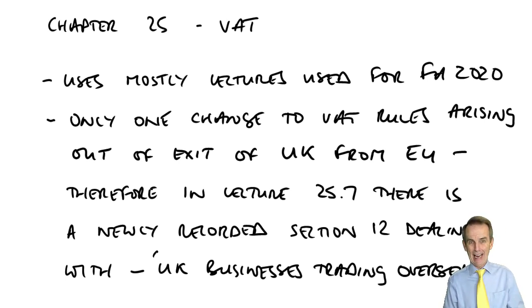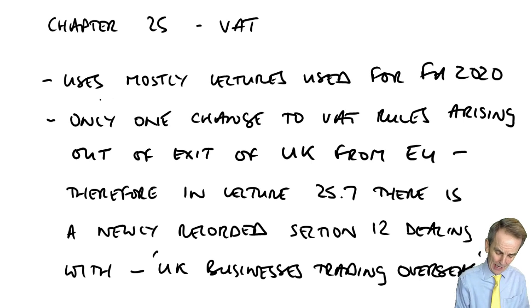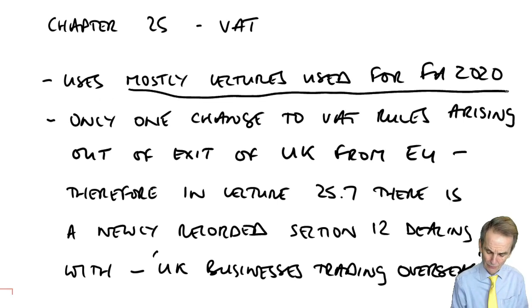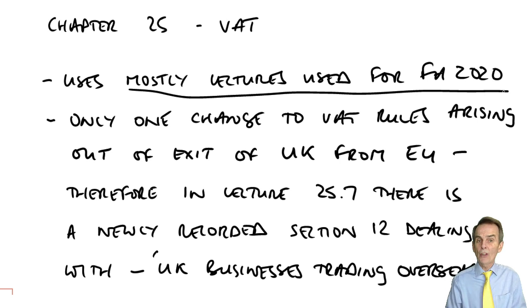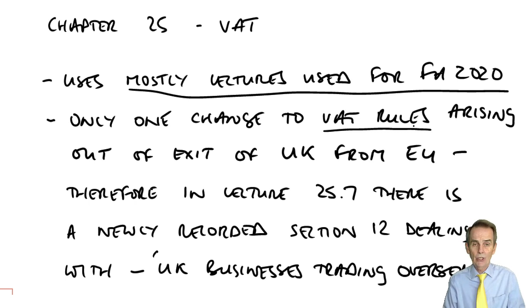Thankfully, for me again anyway, we are able to use mostly lectures used for the FA 2020 based examinations, because there's only one change that has occurred to the VAT rules between FA 2020 and what is for us our study period for FA 2021.